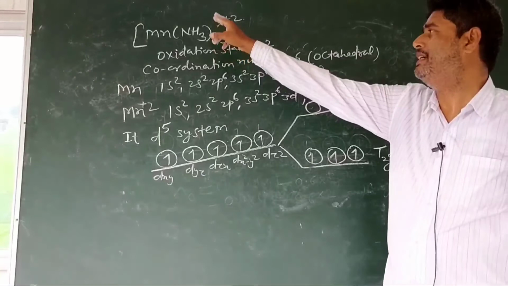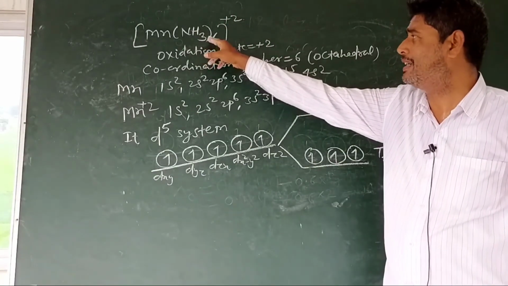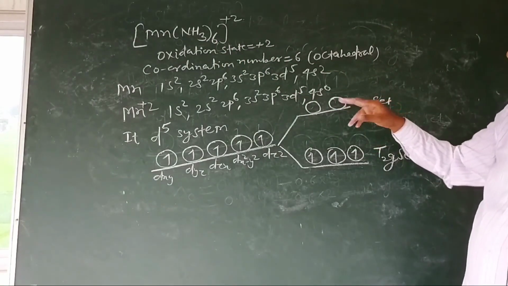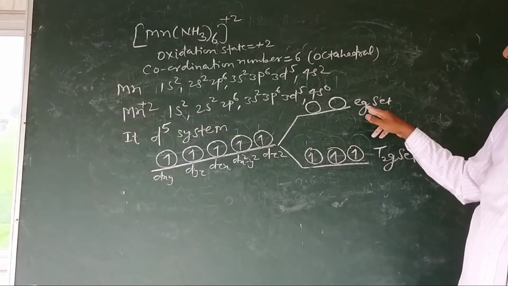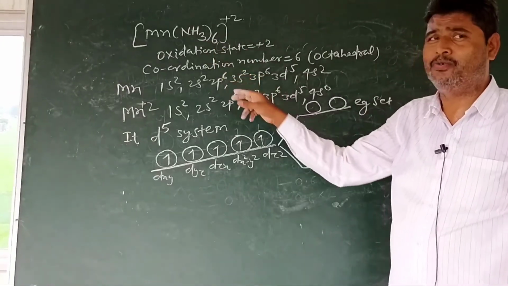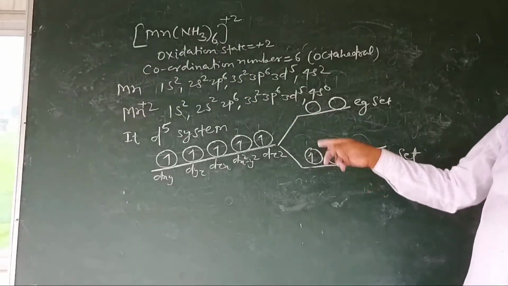So the strong ligand ammonia will not allow the remaining 2 electrons out of 5 to enter eg, but will allow pairing to start in the t2g state.